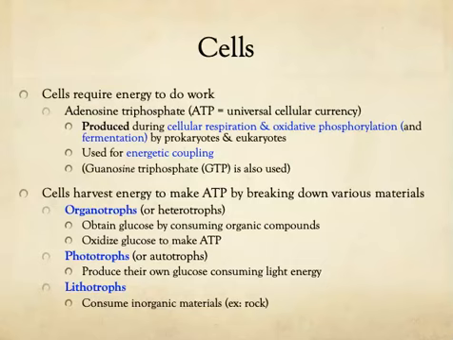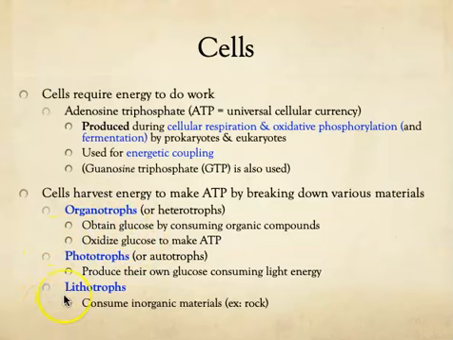And they do that by harvesting the energy from sunlight. You can think of them as consuming light and producing or building their own glucose. They can then turn around and oxidize that glucose to make their ATP.